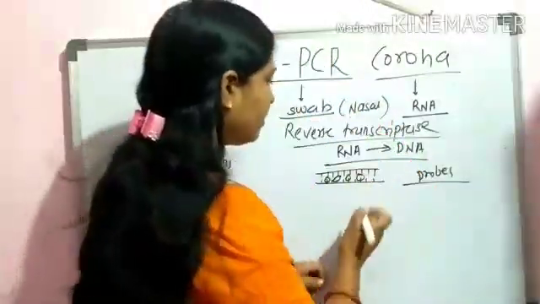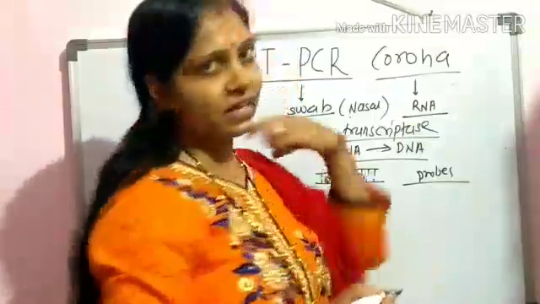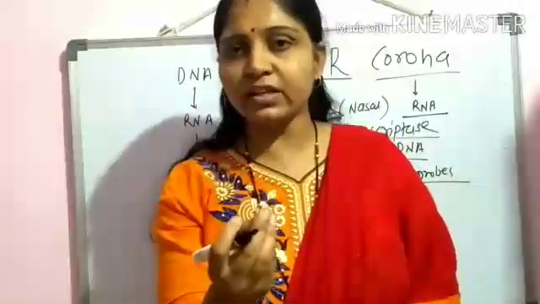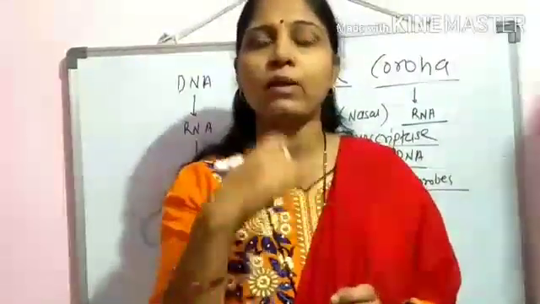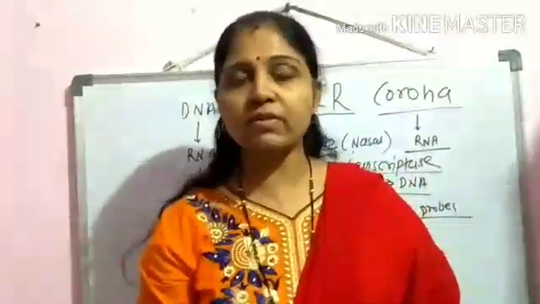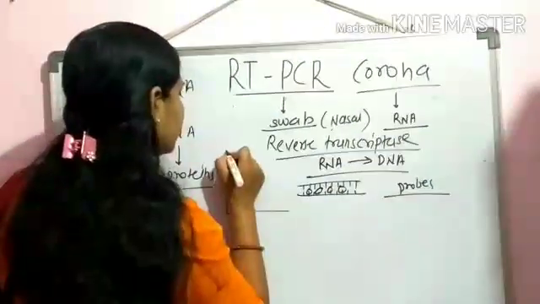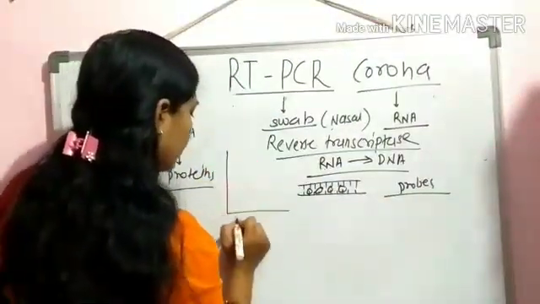Every time the fluorescence increases, because as the concentration of the DNA increases, no doubt the probes bind more and more to those sequences. Here in the graph, this is the fluorescence and this is the time.